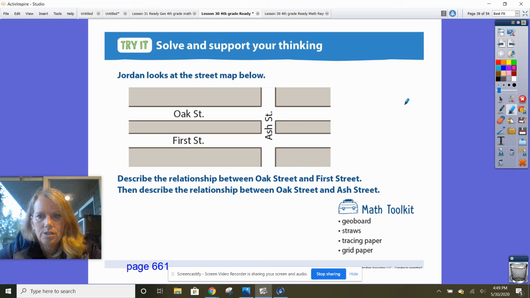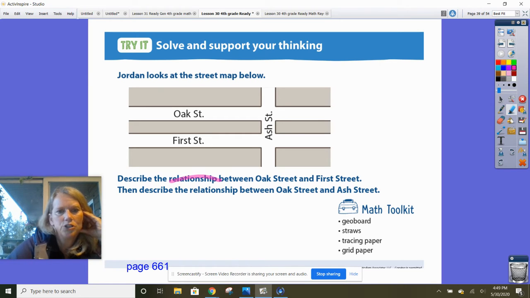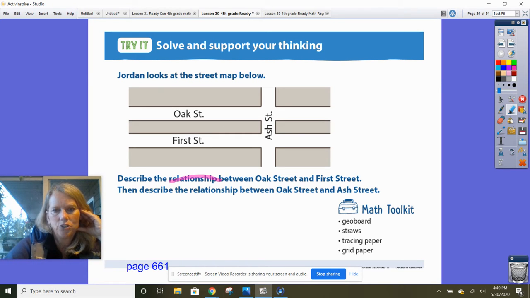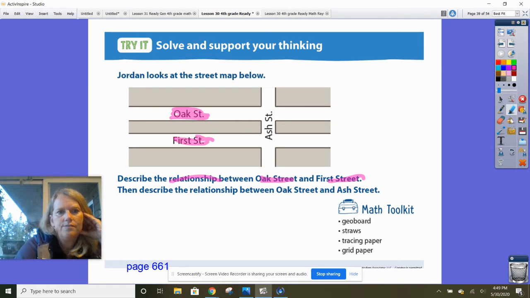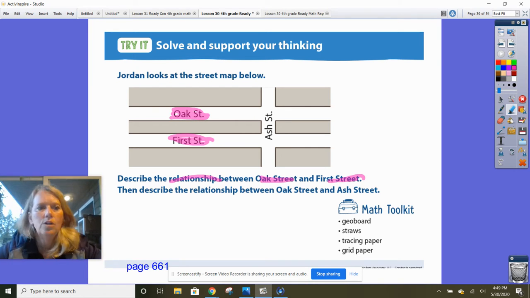Solve and support. Geoboard, straws, tracing paper, grid paper, whatever you have. I mostly have these tools right here. I'm trying to find the relationship between a couple different streets. We'll start with Oak and First. If I was on Oak Street and First Street, I would not say that they cross each other.